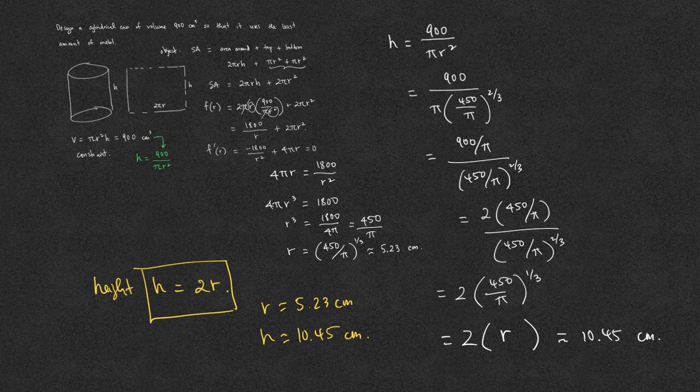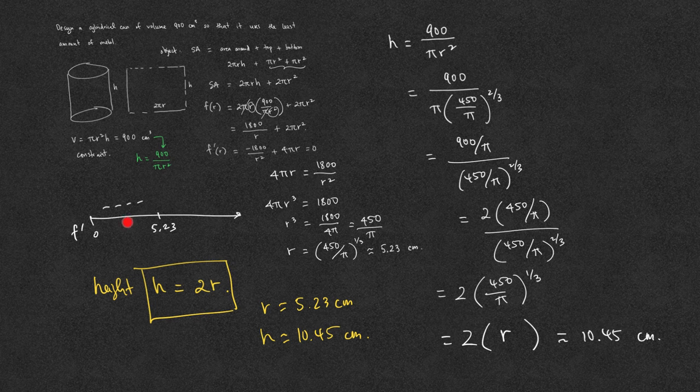How do we know that this will give us the minimum value? If we check the sign of the first derivative f prime, the critical point is at 5.23. Starting from 0 to 5.23, if we pick any number and check the sign of f prime, we will see that f prime is negative.